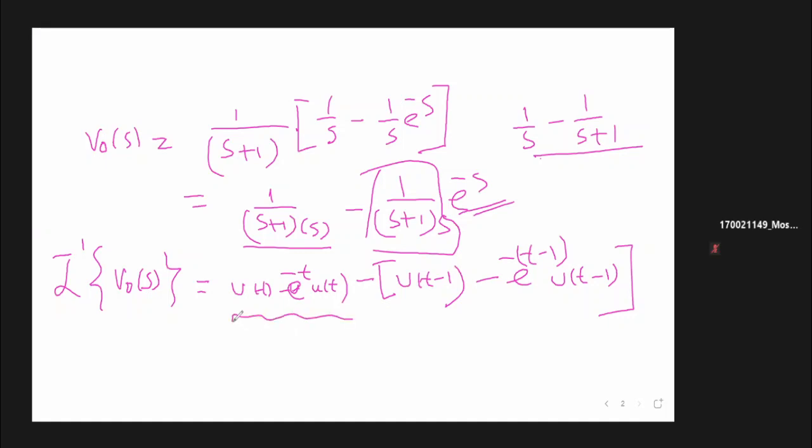So this is your Laplace transform. Okay. Now you have to understand that this equation is satisfied the way that we want.